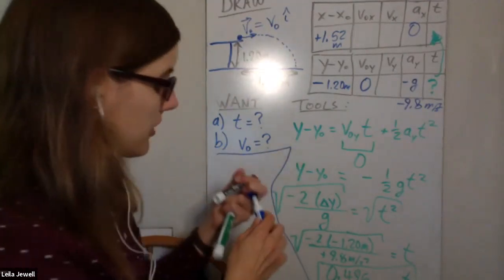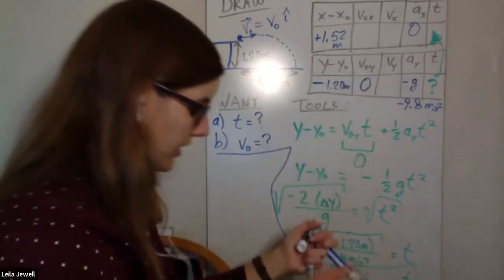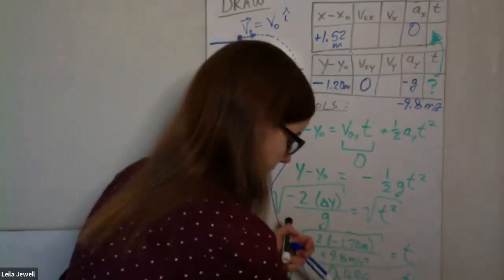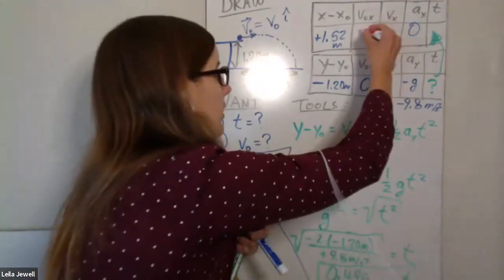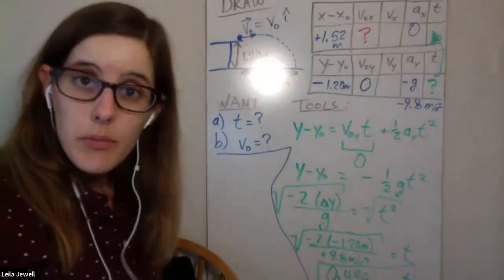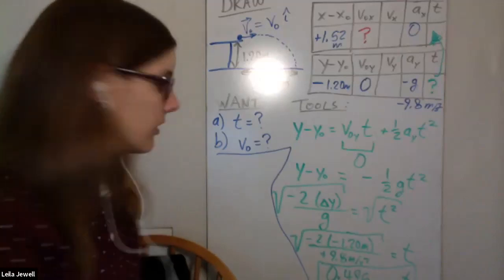So notice in terms of x, we need something with displacement. We want to find the initial velocity in the x direction. Acceleration and time, it's going to be the same equation, something that doesn't have final velocity. Cool.